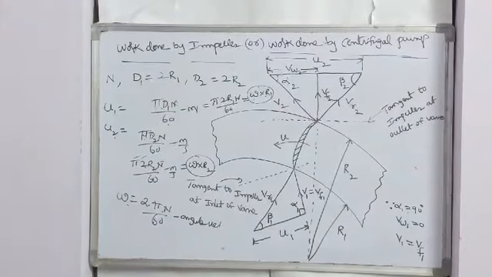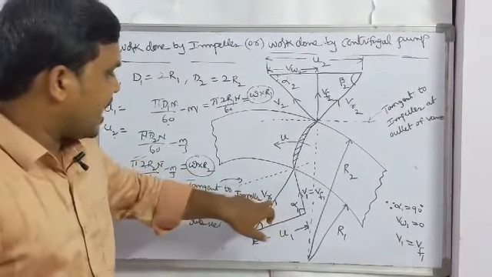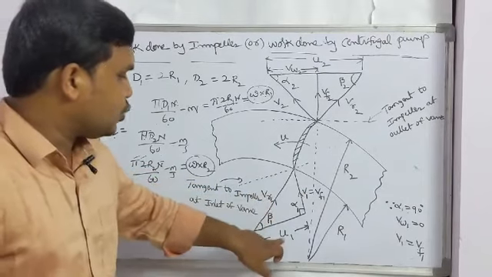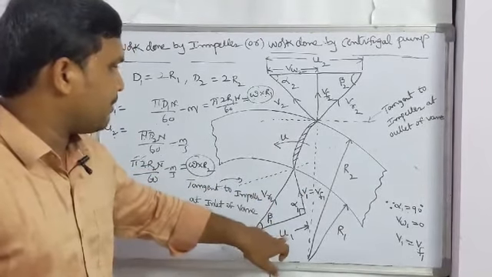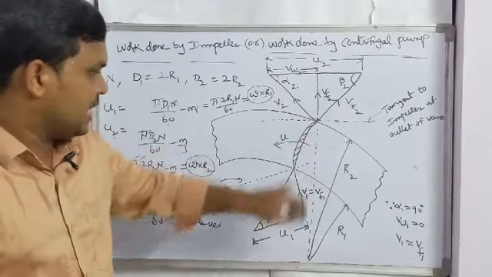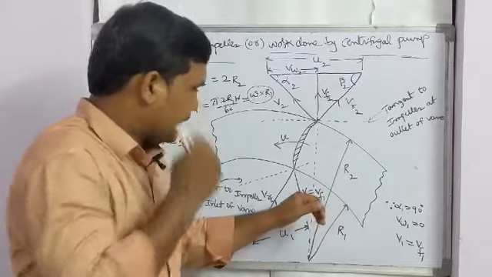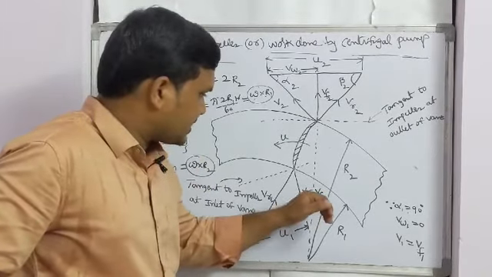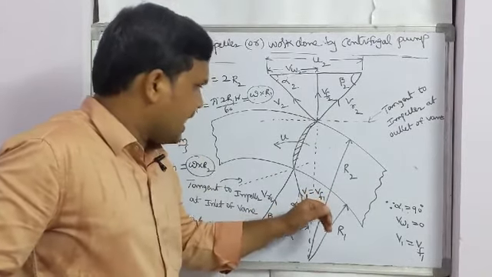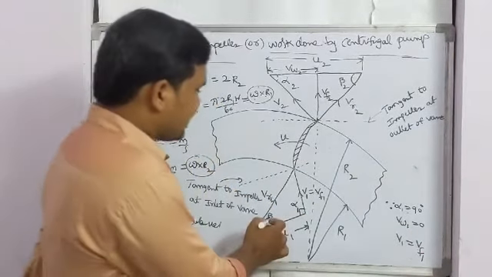V1 is the absolute velocity at inlet, and VR1 is the relative velocity. U1 is the tangential component of impeller or blade velocity, Vf1 is the flow component, a vertical velocity, Vw1 is the whirl component, and beta 1 is the blade angle.